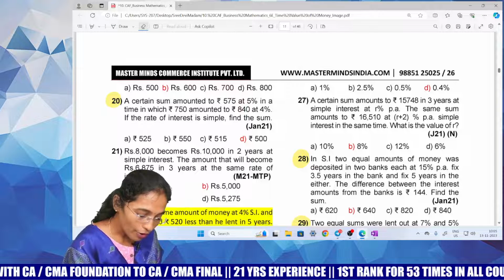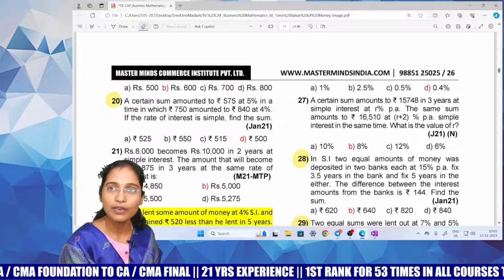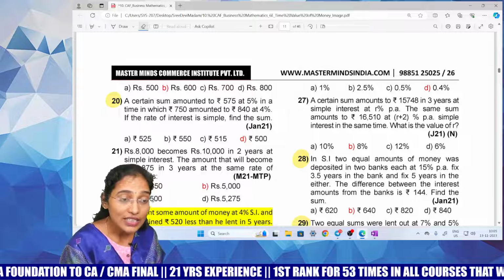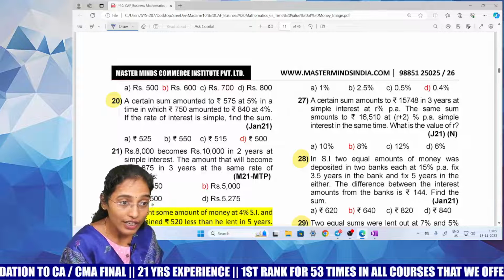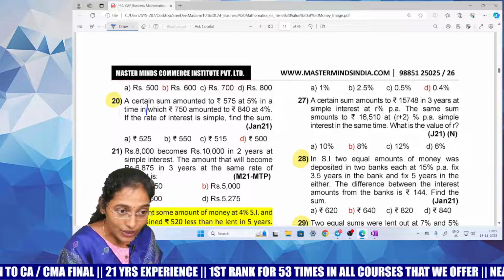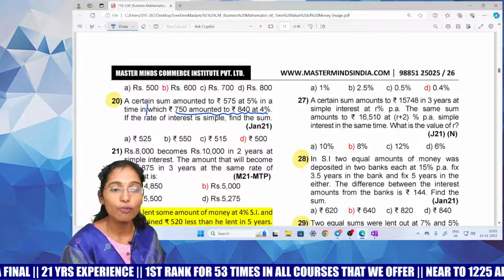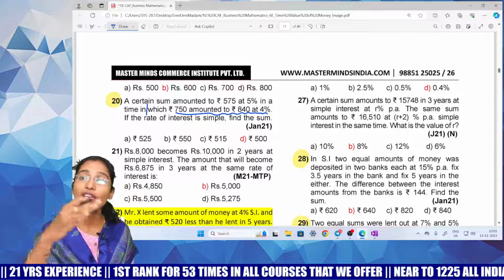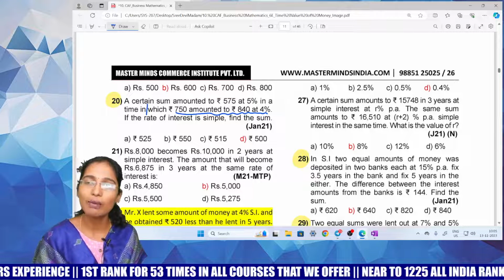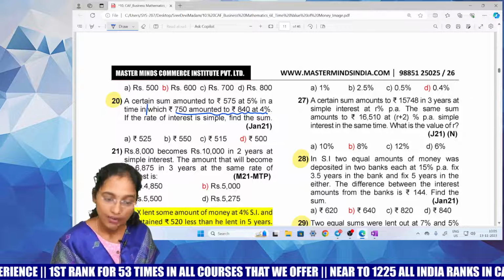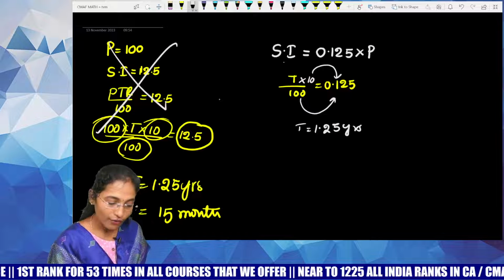Certain sum amounted to 575 at 5% in a time, here he didn't mention the time, in which 750 amounted to 840 at 4%. 750 amounted to 840. May I know what is principal? 750. What is amount? 840.